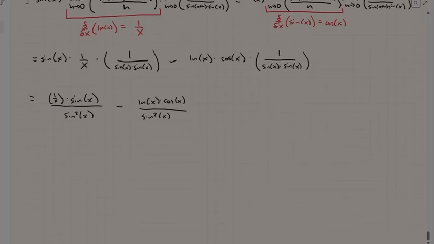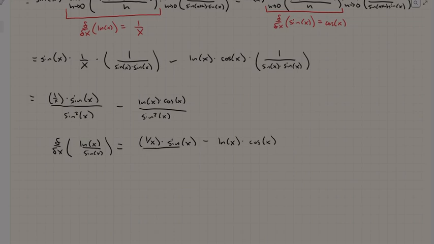And so basically what we've been trying to solve for, the derivative of ln of x over sine of x, would be 1 over x times sine of x minus ln of x times cosine of x, over sine squared of x.